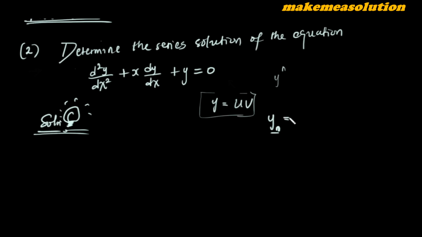If you want to differentiate it n times, you're going to take the summation from r equals 0 to n of n combination r, times u^(n-r) v^(r). So u^(n-r) is the (n-r)th derivative, and v^(r) is the rth derivative.